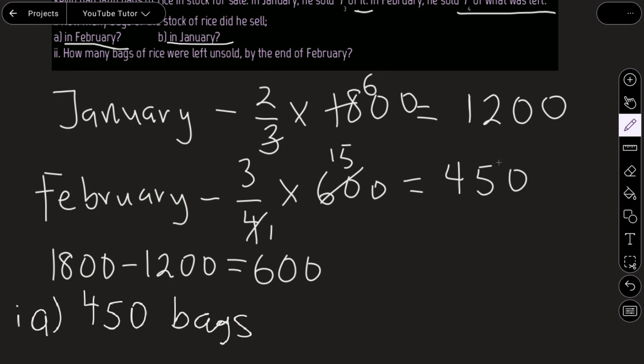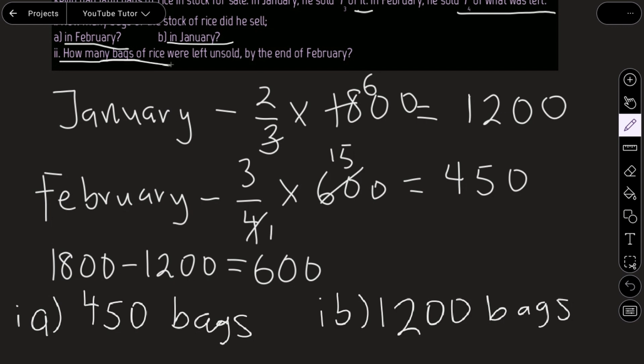And A says in January. So the one he sold in January is also, which is 1200 bags. Now the last question says, how many bags of rice were left unsold by the end of February?